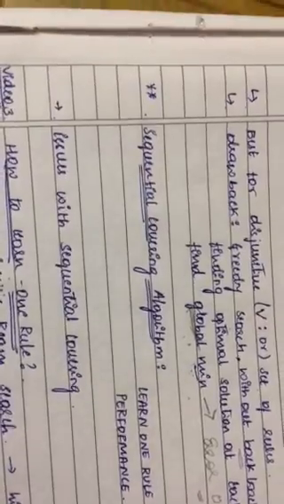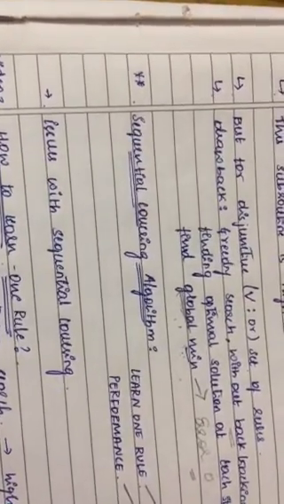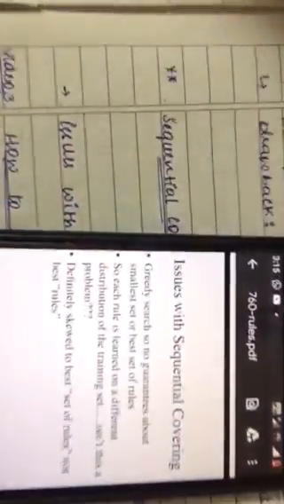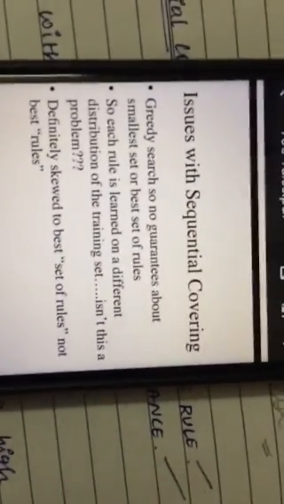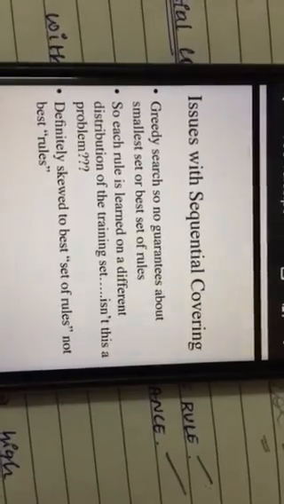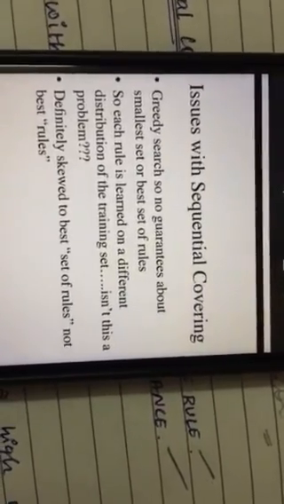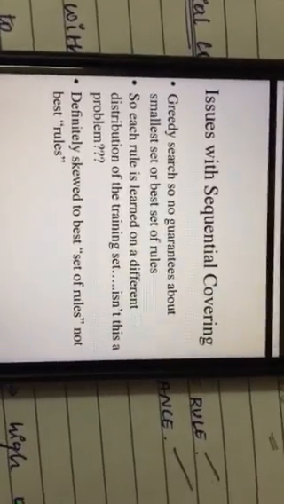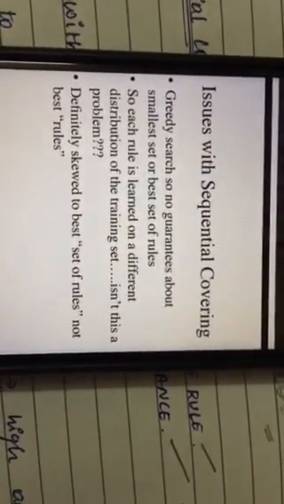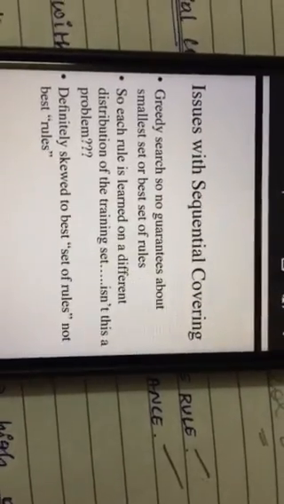Next topic here is issues with sequential covering. So what are the different issues you have in sequential covering? Let's understand. Issues with sequential covering: you have greedy search. What is meant by greedy search I have already told. Greedy search is performed in order to obtain the local minimum. Each of the local minimum is compared in order to get the global minimum.